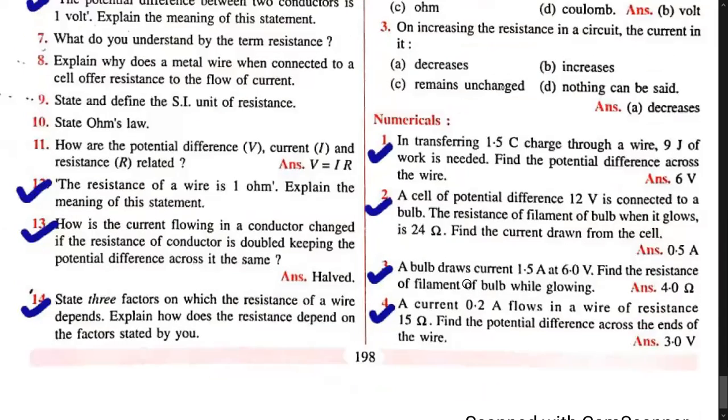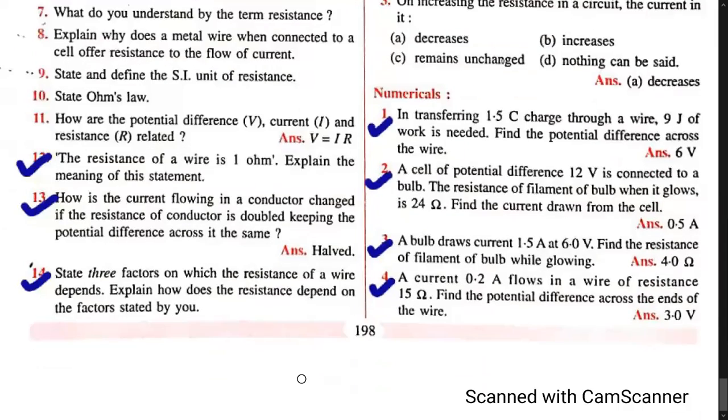And then students, there are 4 numericals on which we will be using only 2 formulas. V is equal to work done per unit charge, where work is measured in joules. If we write down V is equal to W upon Q, W means work done, which is measured in joules.